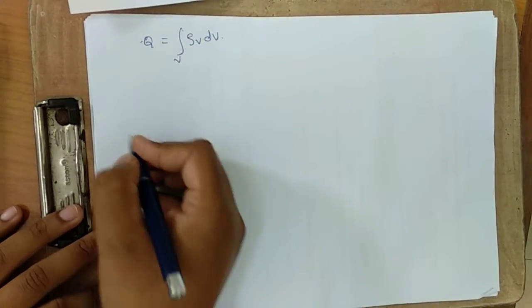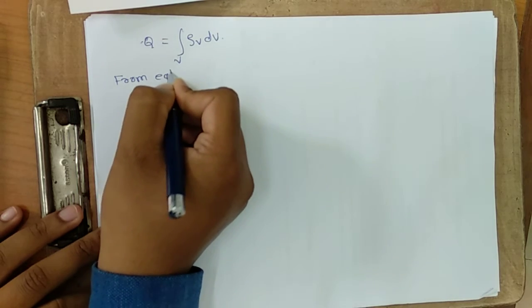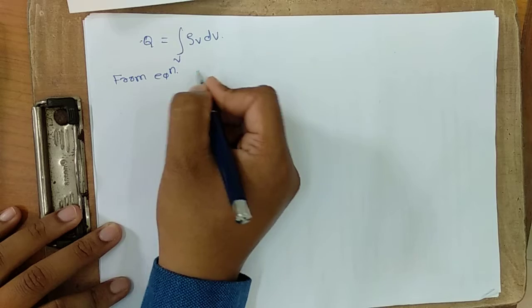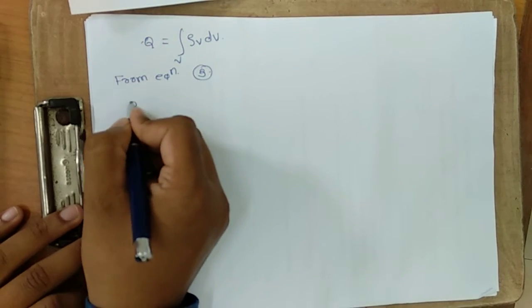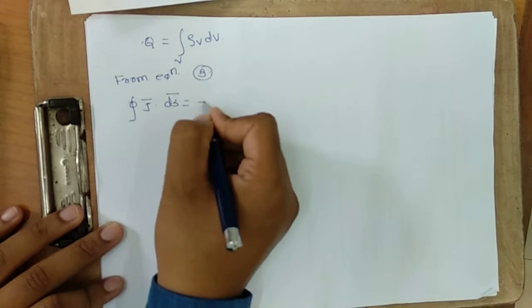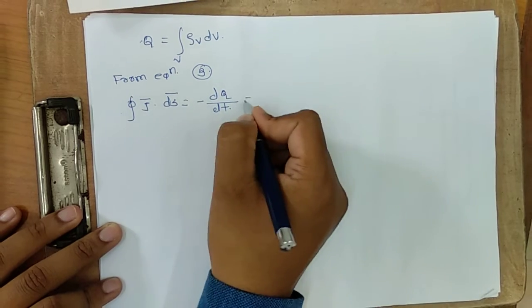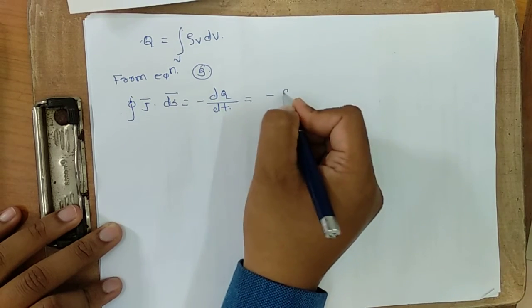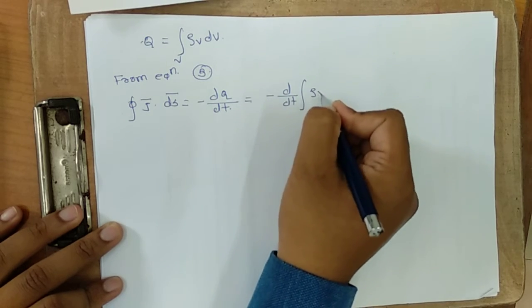Again I will take equation number 3: the integral of j bar dot ds bar is equal to minus dq by dt. So minus dq by dt I can write as minus d by dt of the integral of rho v dv.